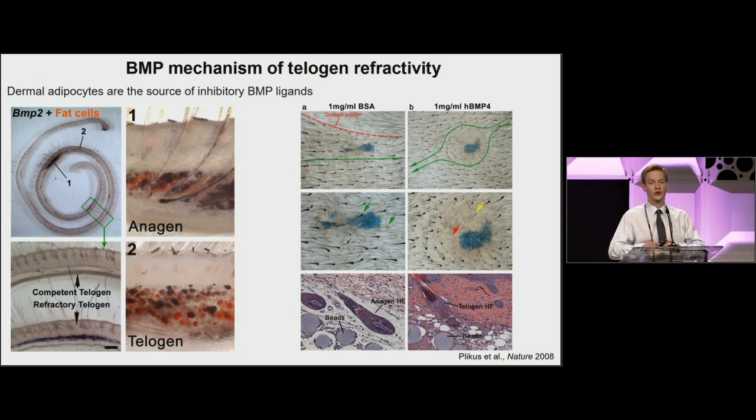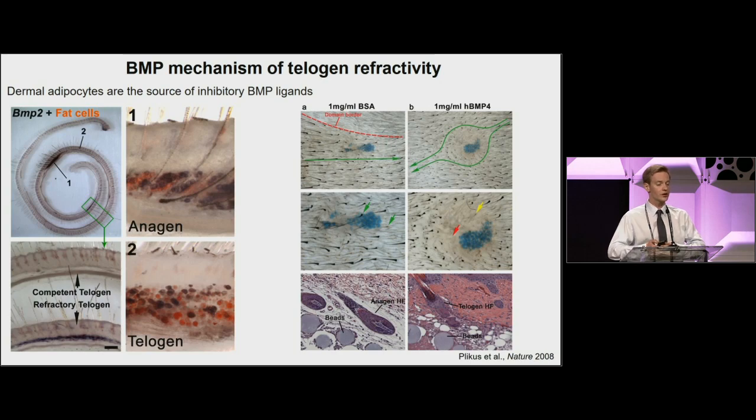Other groups are now exploring the role of other macroenvironmental players such as immune cells, and clearly it's not just one cell type or one pathway that enforces refractivity on early telogen hair follicles. So this is really a developing field.